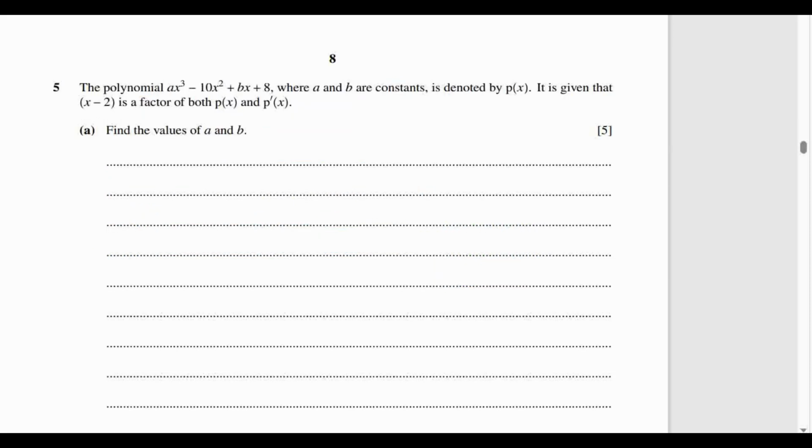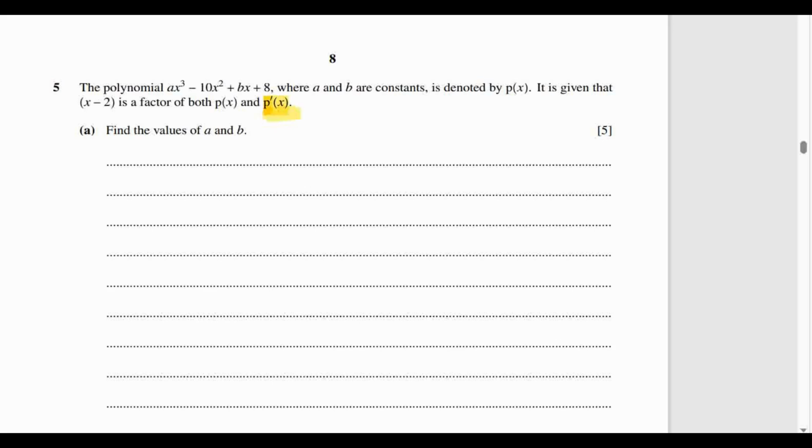Question number 5. The polynomial ax cube minus 10x square plus bx plus 8, where a and b are constants. It is given that x minus 2 is a factor of both p of x and p dash of x. What does it mean?